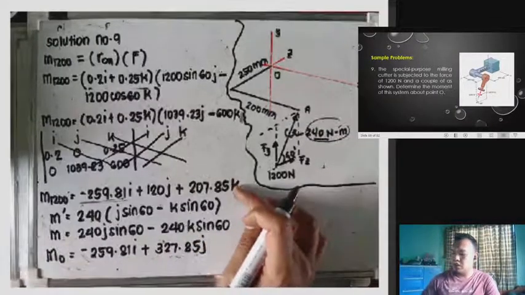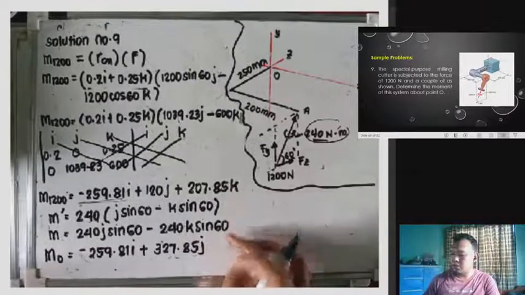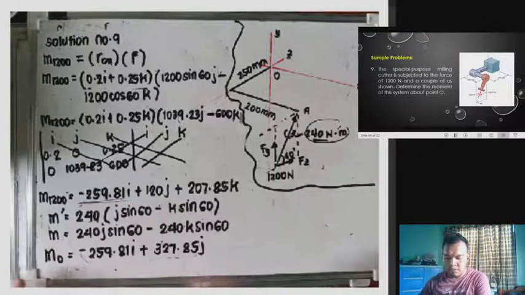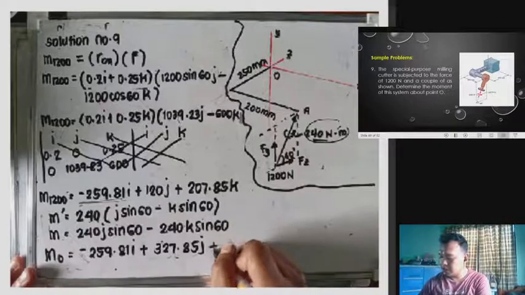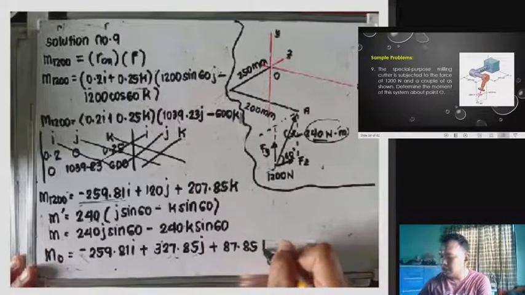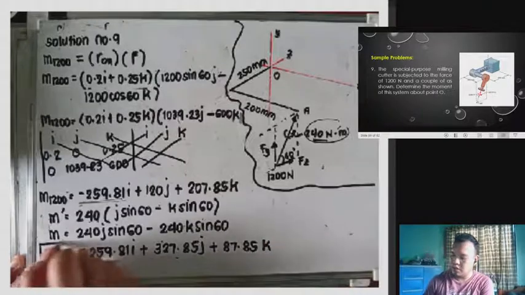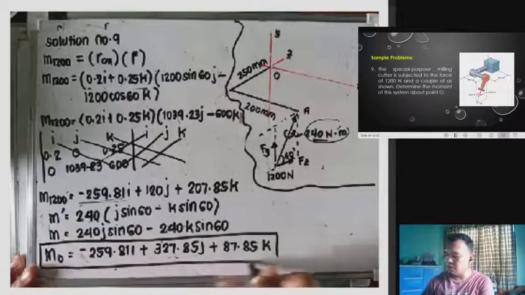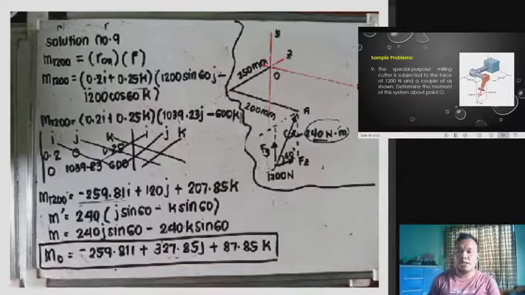Then, yung 207.85 minus 240 cosine 60, we have here positive 87.85k.